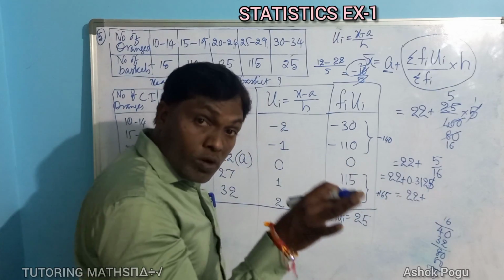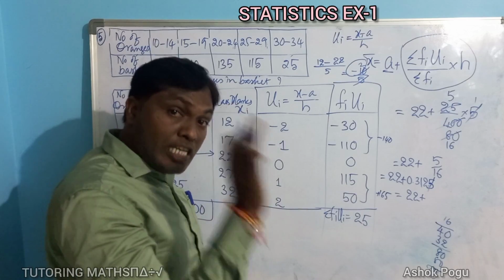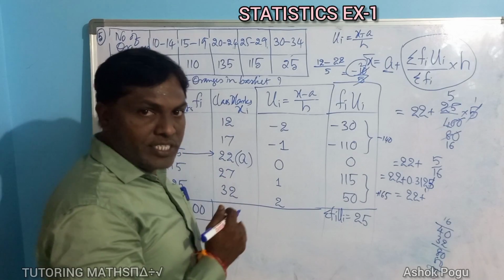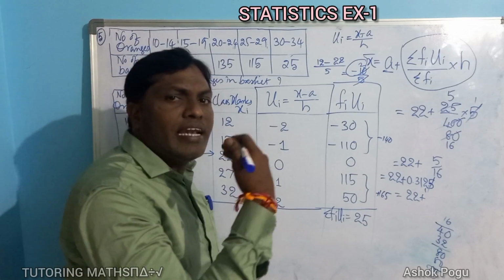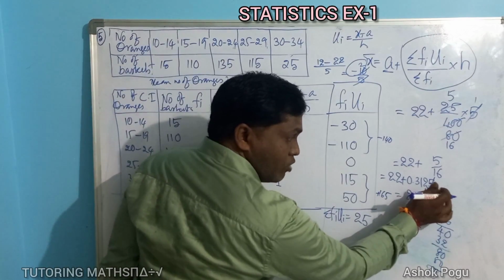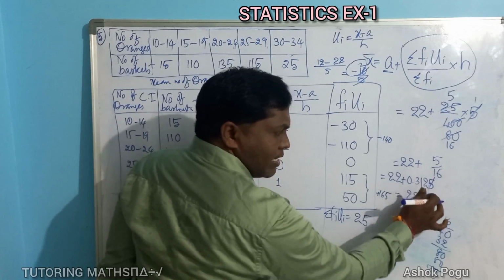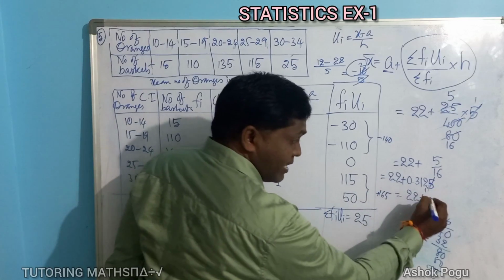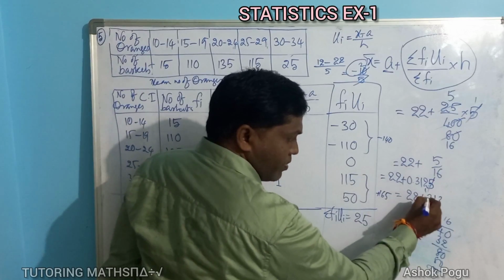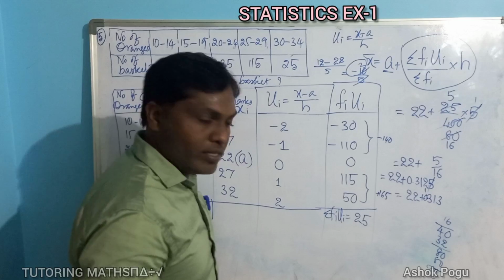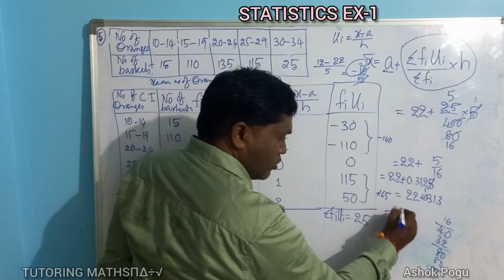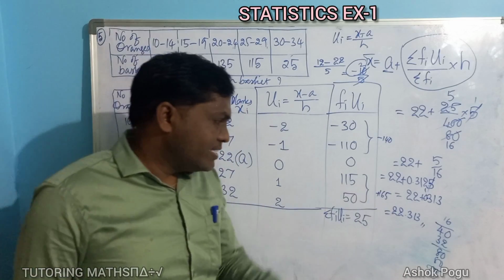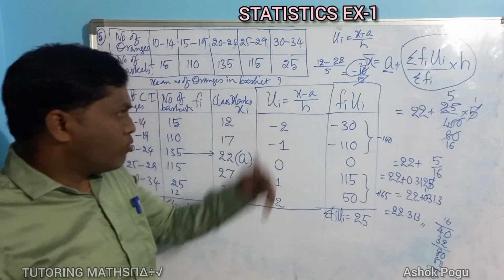If the 4th decimal value is equal to 5 or greater than 5, add 1 to its preceding digit. If it is less than 5, neglect. So it is equal to 5, so I cancel this and add 1 to its preceding digit. We get 0.313, and the answer is 22.313. So like this you can solve the problems.